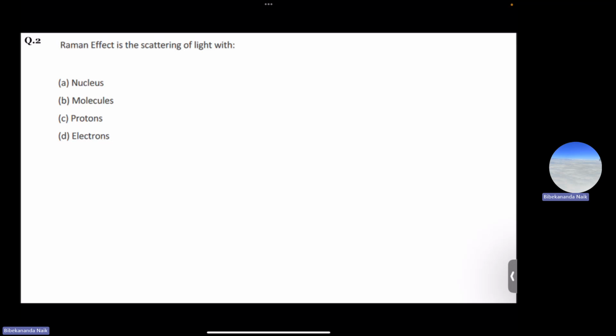Initially there is a light source, then there will be a filter.